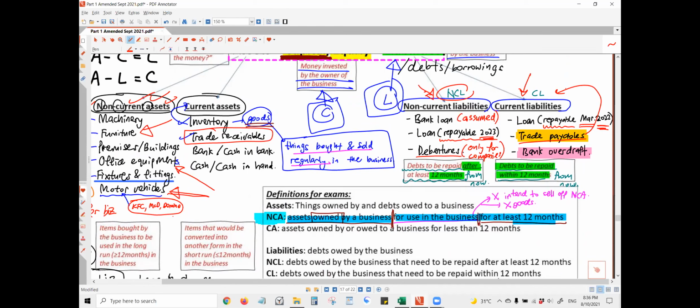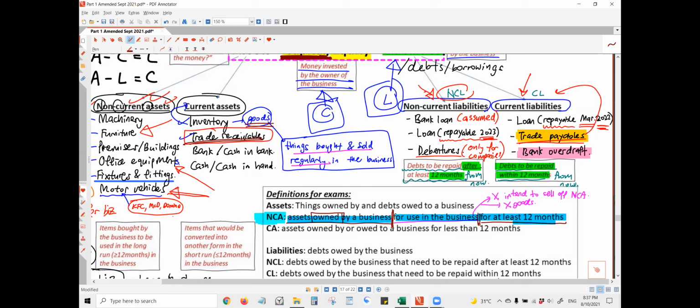You have to repay it within a short period of time, within 12 months, because the suppliers are also running business, right? What about trade receivables? The reason is the same. We won't allow our customers to owe us for more than 12 months. That's why this is a current asset. Agree? Makes sense, yeah?